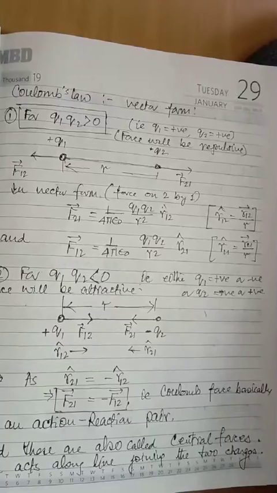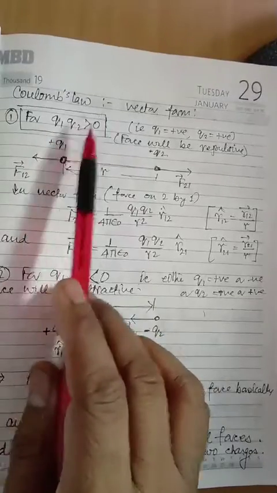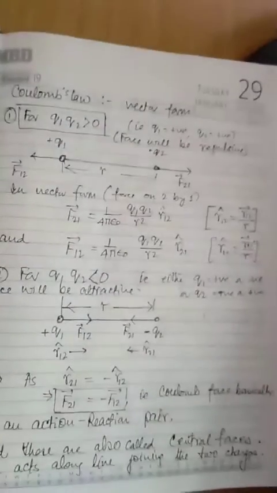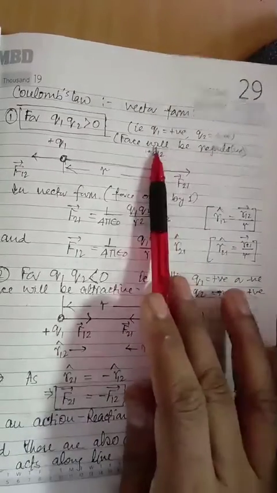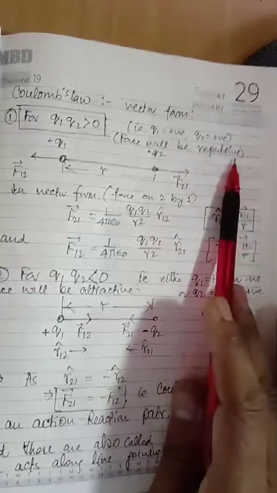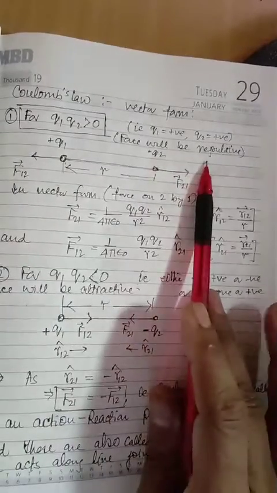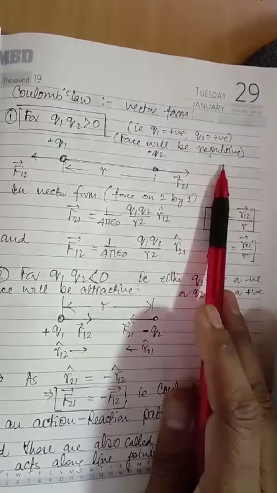So we are taking two conditions of the charges. First, when the product of the charges Q1 and Q2 is positive, meaning greater than 0: either Q1 is positive and Q2 is positive, or both are negative. Then the force will be repulsive, because like charges always repel.